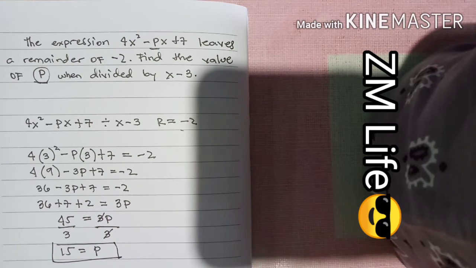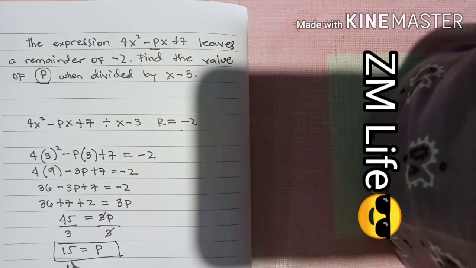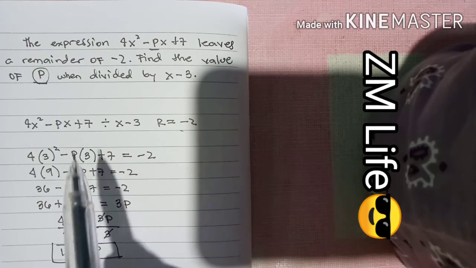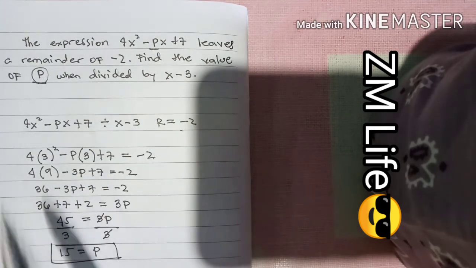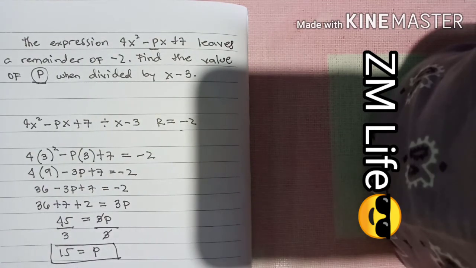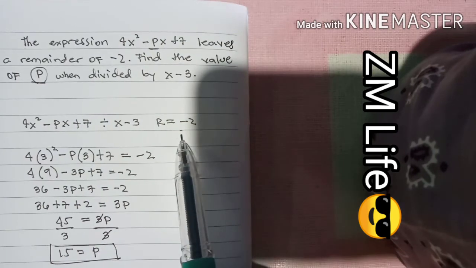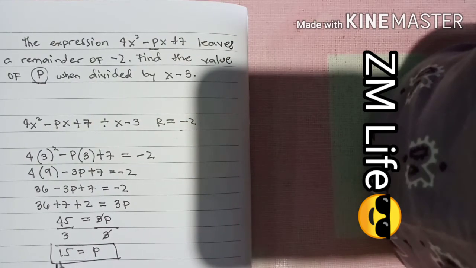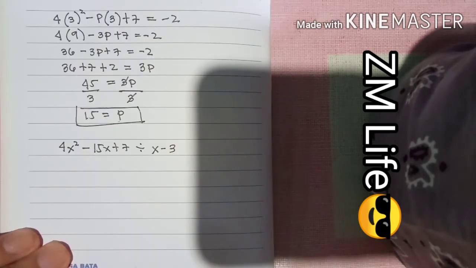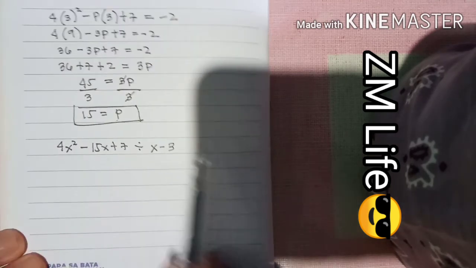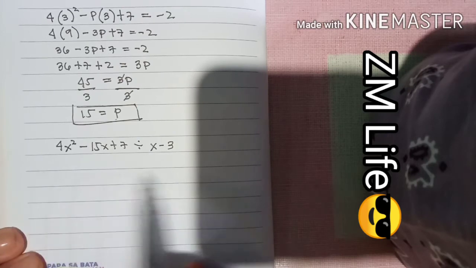So, to check, kailangan natin i-check kung tama nga si 15. So, babalik tayo doon sa remainder. Pag ang nakuha nating remainder ay negative 2, therefore, ang sagot natin na 15 as the value of p ay tama. Ayan. So, pinalitan ko na. Ito na yung expression natin.